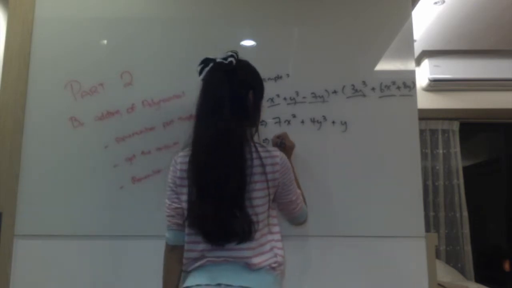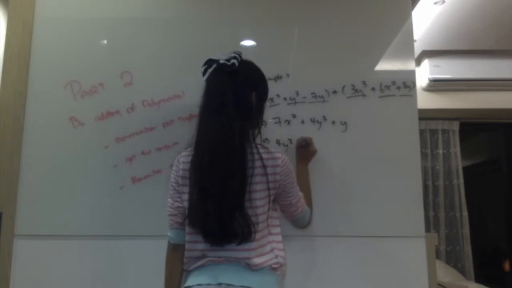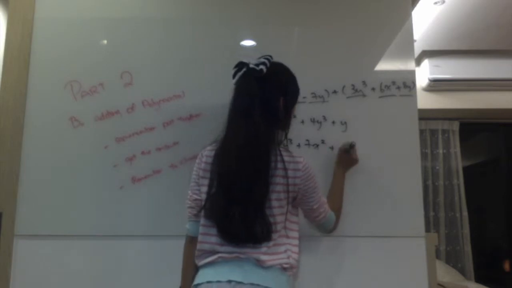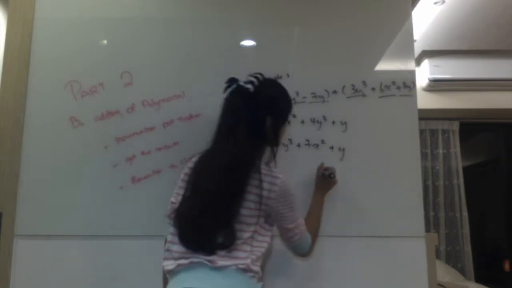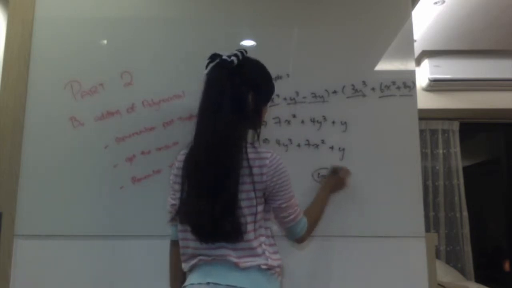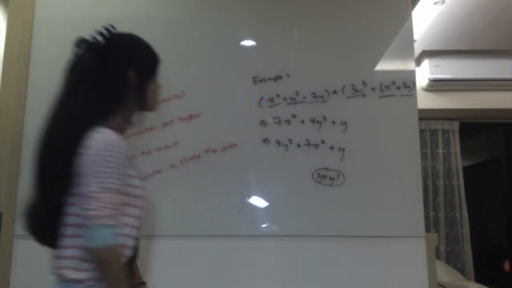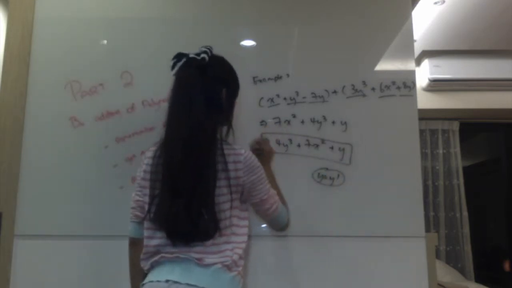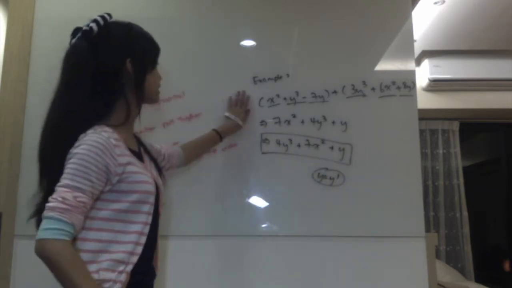So the biggest degree was 4y³, then 7x², and the last one is y. y is equal to y¹. Okay, so this one was the answer of this example.